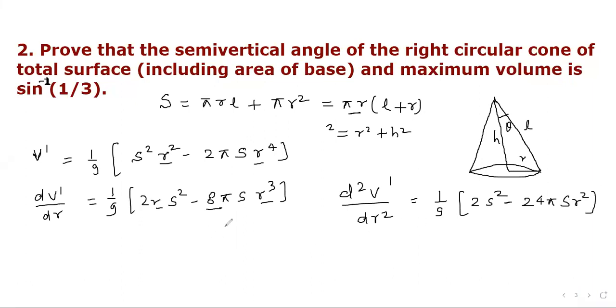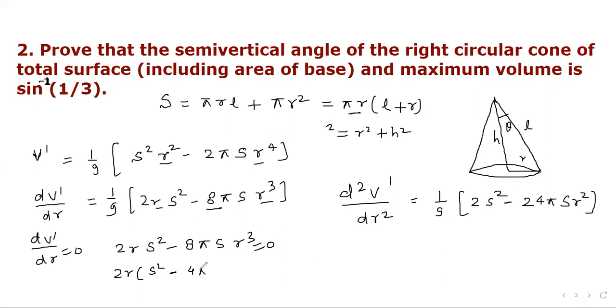This is the second derivative. Now we equate the first derivative to 0. So let's write dv dash divided by dr as 0. From here we get 2r s square minus 8 pi s r cube equal to 0. So we can take 2r common, then s square minus 4 pi s r square. s can also be taken common.